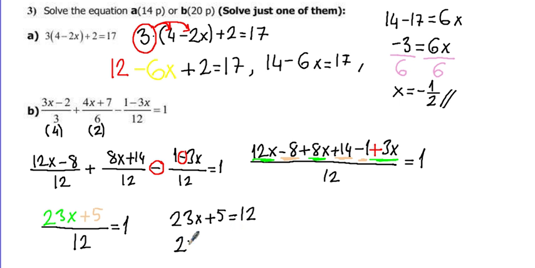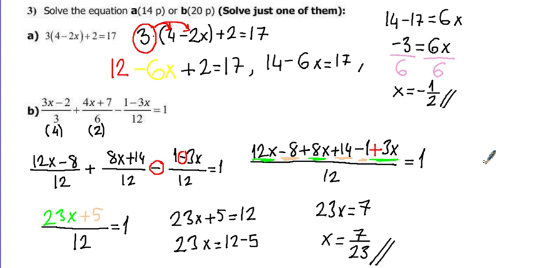So 23x is 12 minus 5. 23x is 7. If we divide both sides by the coefficient of x, we will have x is equal to 7 over 23, which is the answer, the solution of the equation, root of the equation.